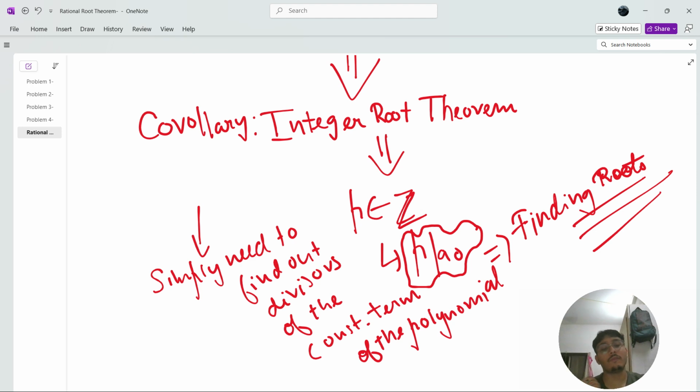We take this step, we find out the divisors, we just put them in place of x, and my answer is going to come out very easily. We don't need to work tirelessly for finding out the roots of the equation, because this would be taking a whole lot of time, which could be devoted to other aspects of the problem.